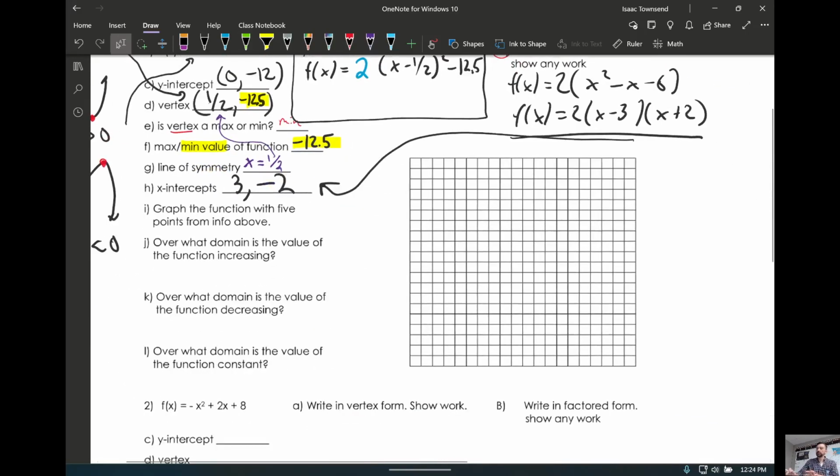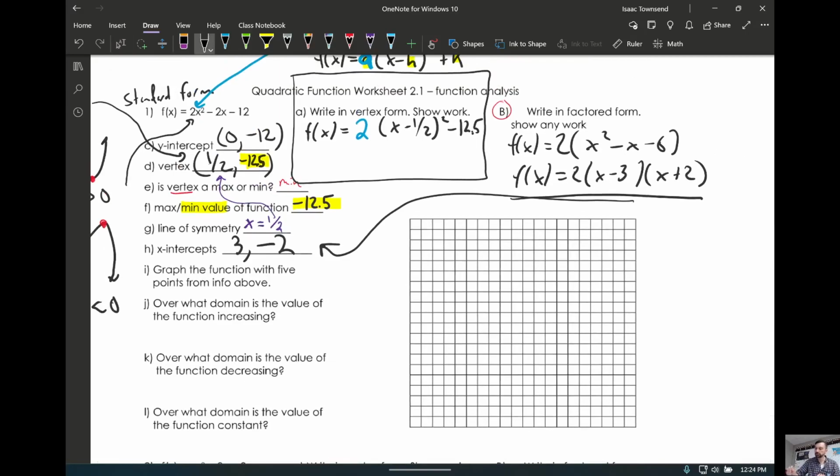Okay, so now we've got a ton of information that they're asking us to throw on a graph here. I'm going to put the x-axis up a little bit higher because I know it goes down to negative 12.5. So we could graph the y-intercept, 0, negative 12. I could graph the vertex.